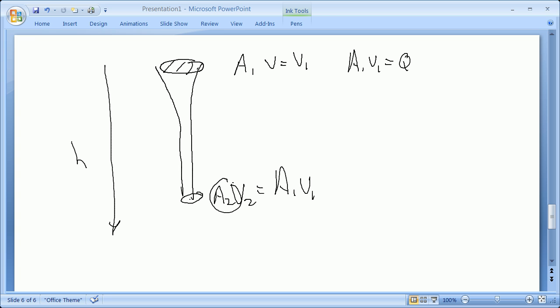And what happens eventually is the water cannot hold together, and it tends to break up into droplets, and so you get some of that aeration that you have in a waterfall. So Bernoulli's equation, amongst all other things, explains a little bit about waterfalls.